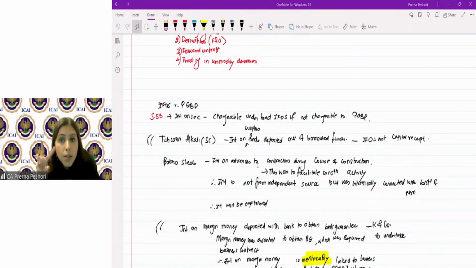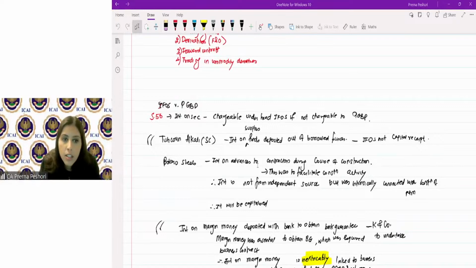So, the Tuticorin case example that I was talking about. In case of the borrowed funds, if the amount is pending utilization, then in that particular case, the interest will not be reduced from the cost of the asset, but this will be basically considered as my income from other sources.